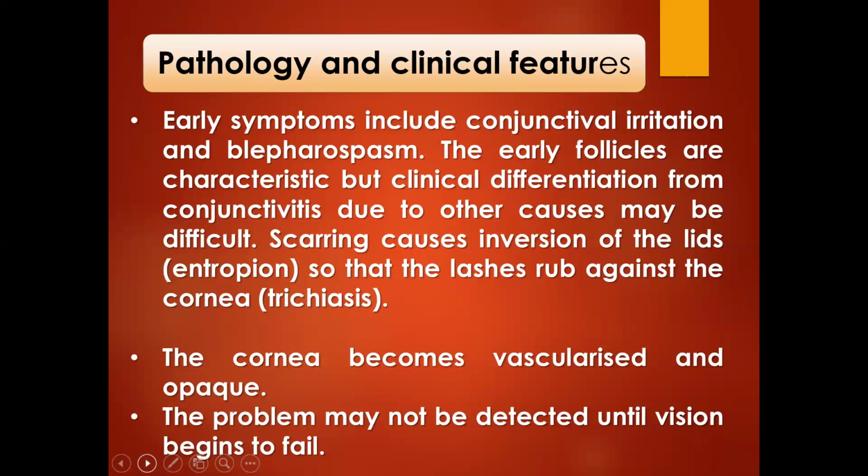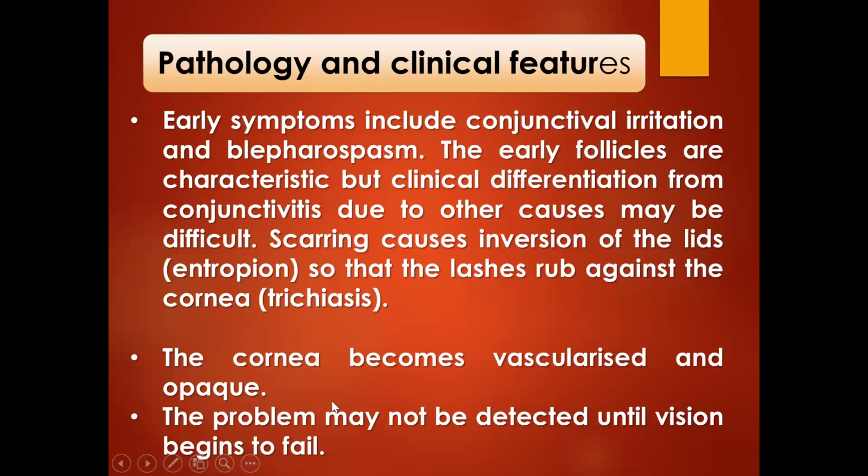The cornea becomes vascularized, that is, blood vessels begin to grow on the cornea, and now the cornea will undergo what is known as opacity, whereby light rays can no longer penetrate. The unfortunate part of it is that this problem may not be detected very early until vision fails.